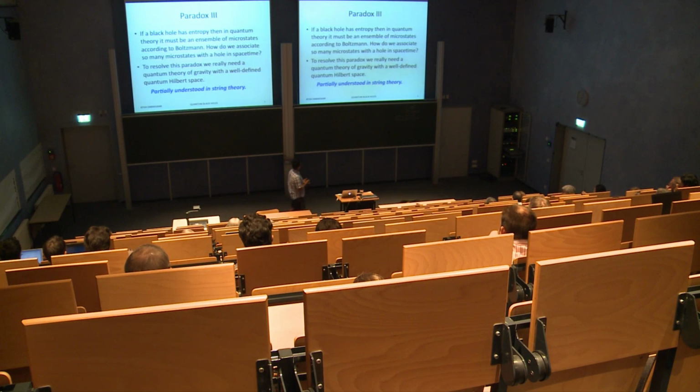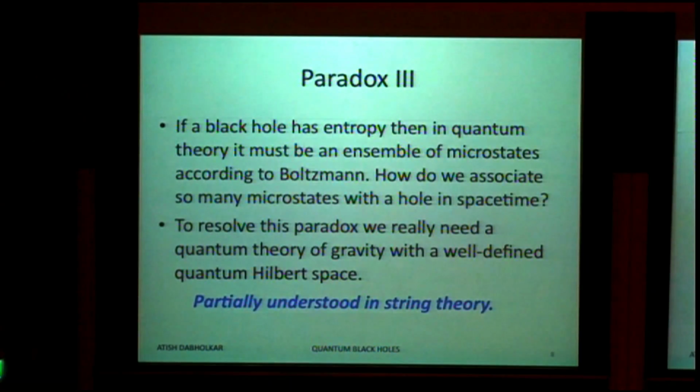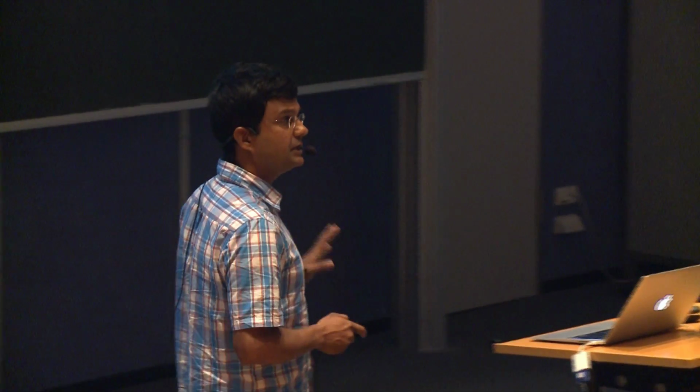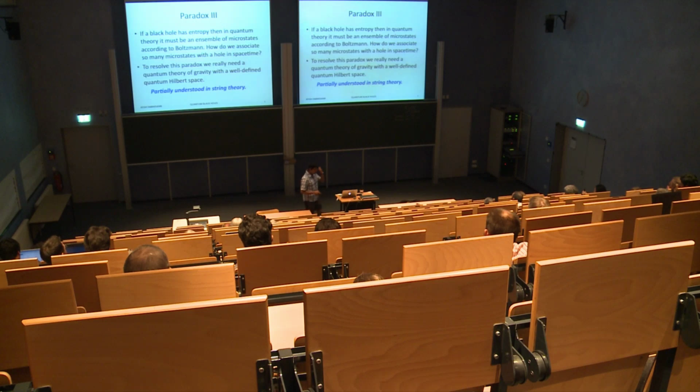We really need a well-defined quantum Hilbert space in which you can count and say that, okay, here is the count for the states and here is the black hole entropy. And this, I would say, is partially understood in string theory. It's far from being completely understood, but I think there is already remarkable progress in trying to understand this question.